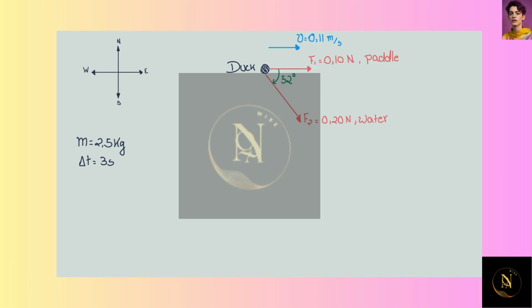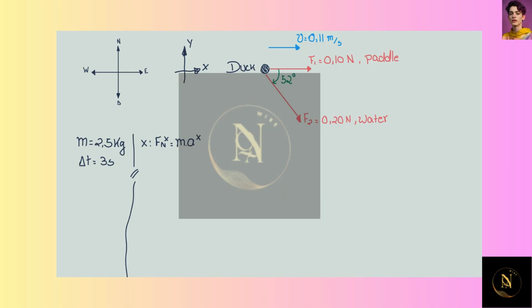For that, we have to use Newton's second law, and I'm using the following reference frame. This is my y-axis and this is my x-axis. Then, Newton's second law tells us that in the x direction, the net force is equal to the mass of the duck times its acceleration in the x direction.